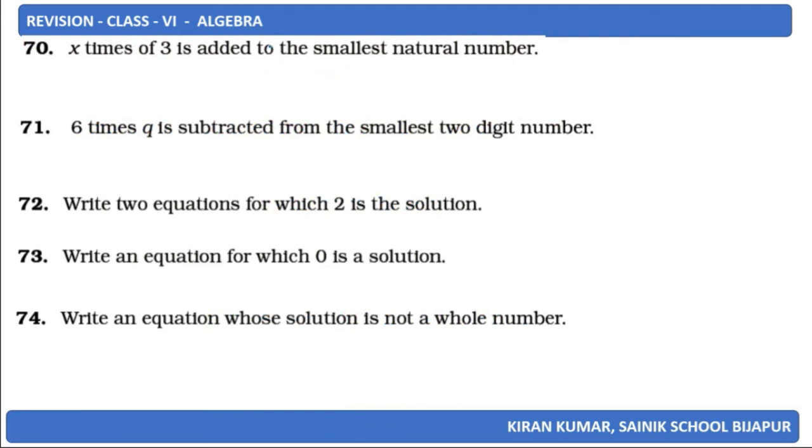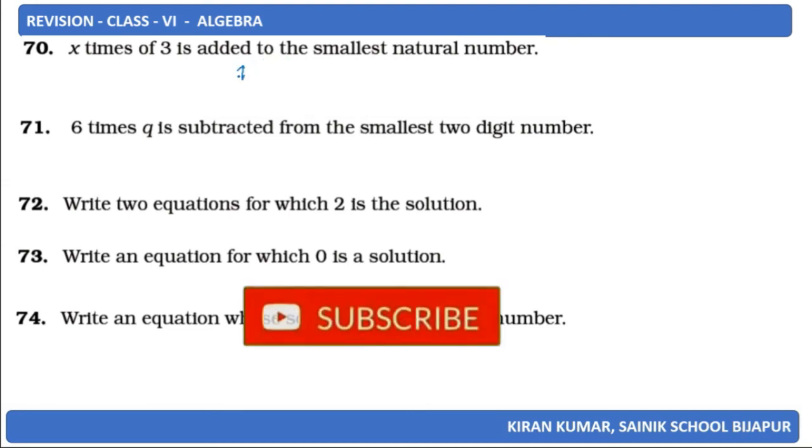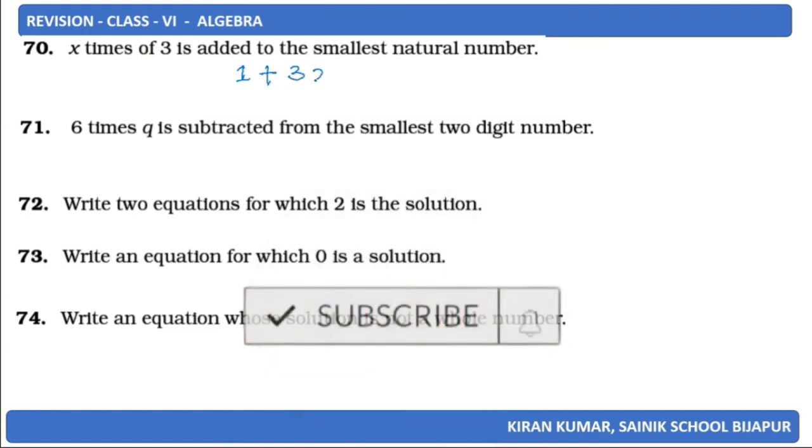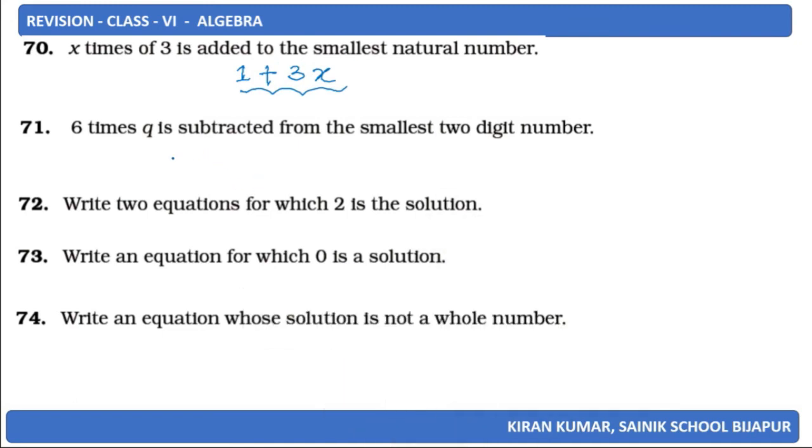If I consider the smallest natural number as 1, 1 should be added to 3 times x. 71st, 6 times q is subtracted from the smallest 2-digit number. The smallest 2-digit number is 10 and we need to subtract 6 times q.